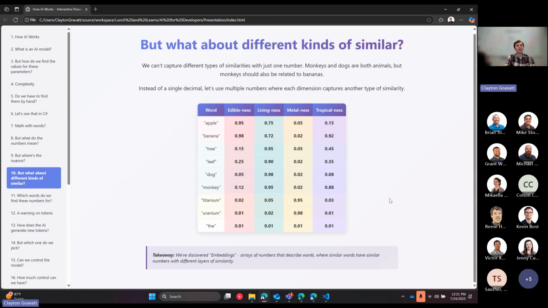Where I think it's helpful to think about them as arrows instead of points is, I don't think I have a good example here, but imagine you have 2 nearly overlapping arrows, but one of them's not quite as far. That's a little bit of edibleness and a little bit of livingness versus a lot of edibleness and a lot of livingness. Those 2 lines are still close to each other, so whatever words are being represented by those arrows might still be close to each other.